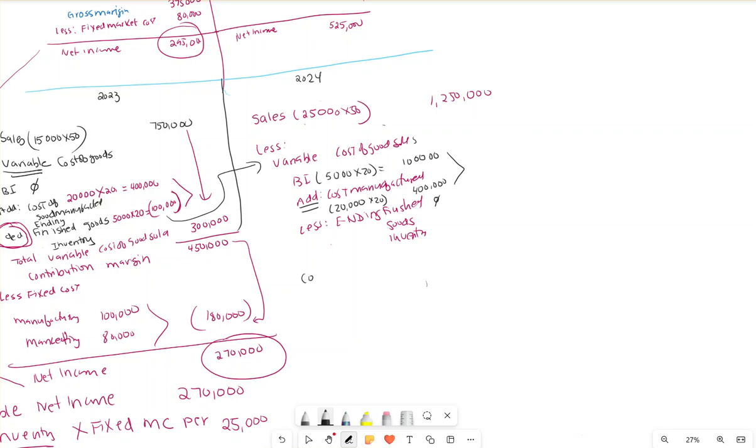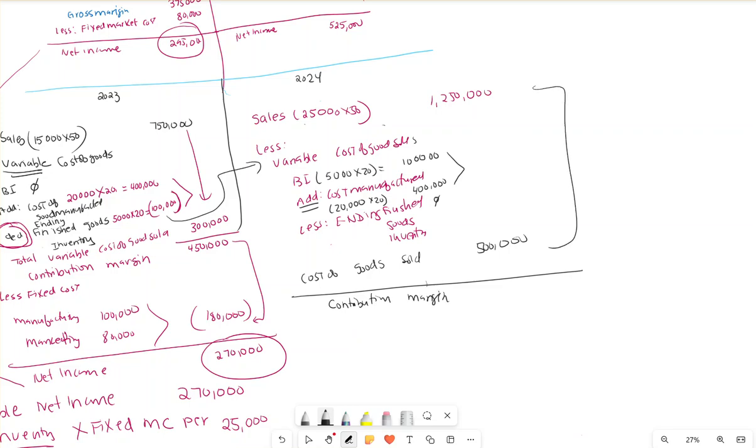So now we do not have any ending, and if I were to add both numbers together, what will that give me? Cost of goods sold, and that is my 500,000, and the difference between those two is my contribution margin, which will give me 750,000. We have less, a fixed manufacturing cost and a fixed marketing cost.